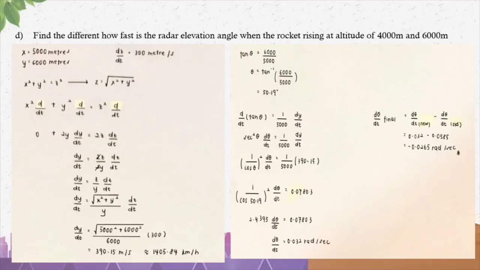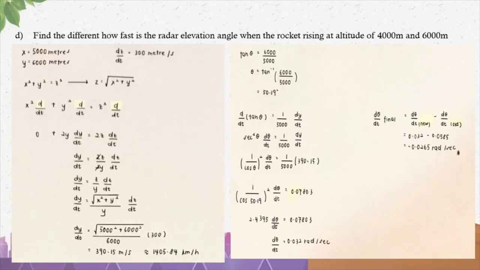Okay, now, how to get only the value of dy over dt? We need 2z to be divided by 2y and multiplied by dz per dt. So we can cancel out 2z over 2y and get z over y. Then replace z by the square root of s squared plus y squared, then divide by y and multiply with dz over dt.